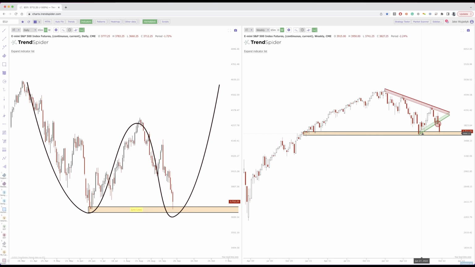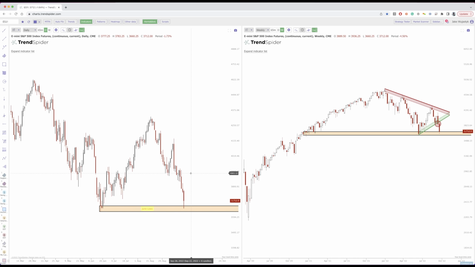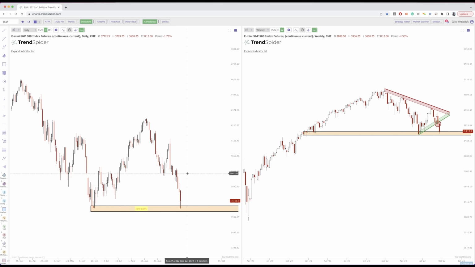If we do break those June lows, not looking good at all. And on the bull case side of things, you'll see here that we potentially have a W bottom forming if this area can hold. But for now, the trend is definitely down and not looking incredibly strong going into the last week of September.